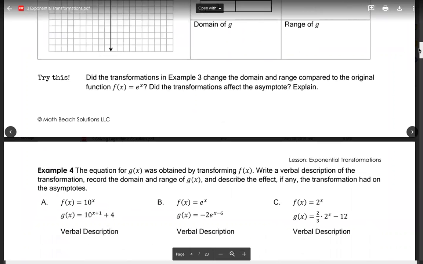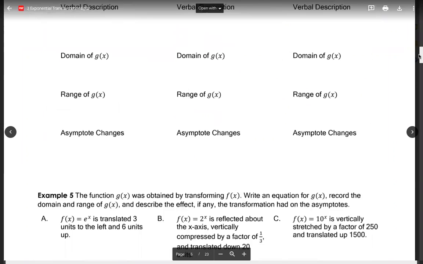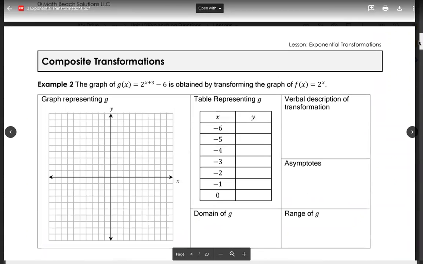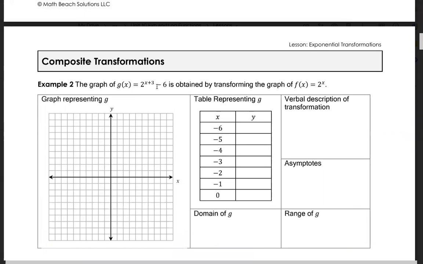You start off, all these equations start off at 0, 1. So what happens here is you start off at 0, 1, and then wherever it tells you, that's where you need to move down. Again, whatever the up and down shift is, that's where you draw your asymptote, and you kind of go from there. Just make the graph match up pretty good. Make sure it's going in the right direction, things like that.